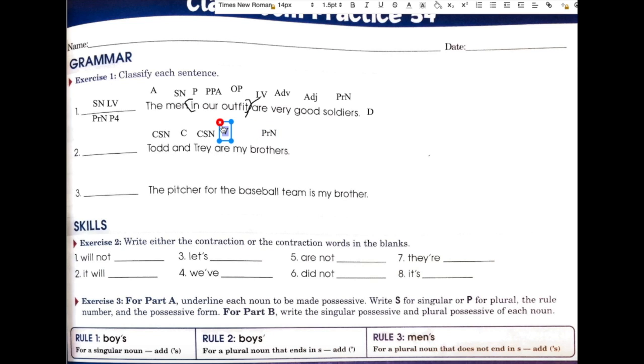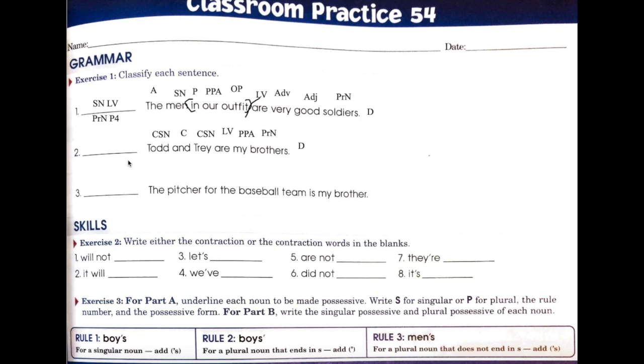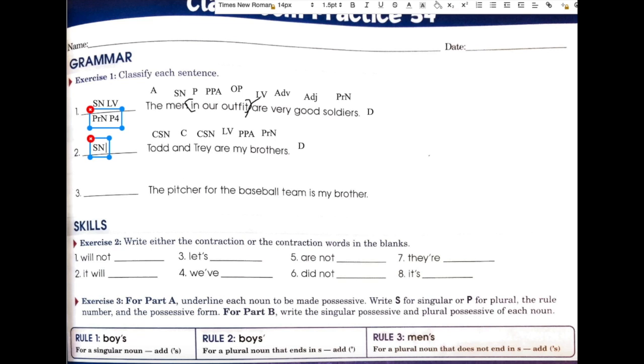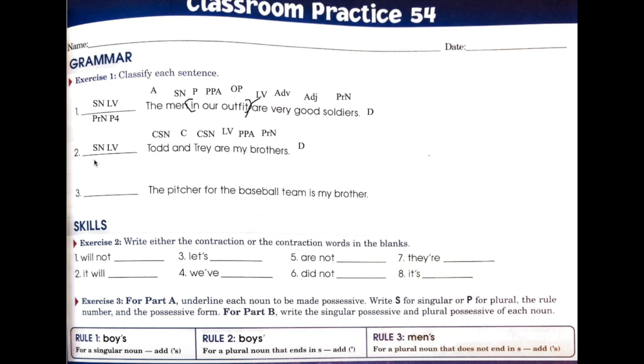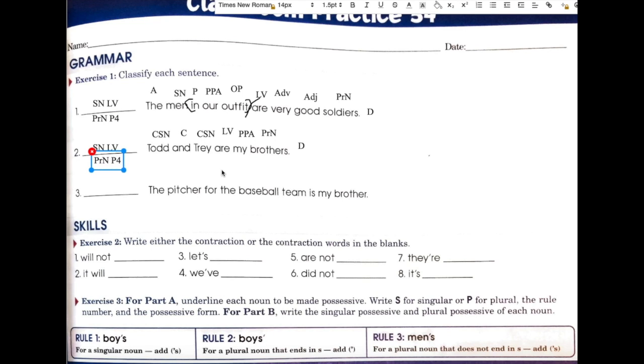Are is a linking verb. Whose brothers? My. Possessive pronoun adjective. Period, statement, declarative sentence. This is subject noun, linking verb, predicate noun, pattern 4. Divide the complete subject from the complete predicate. Find the verb right here.